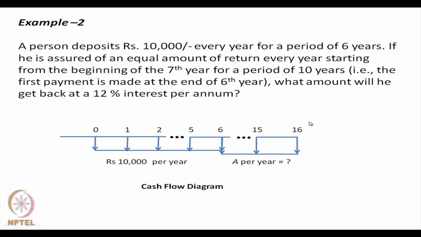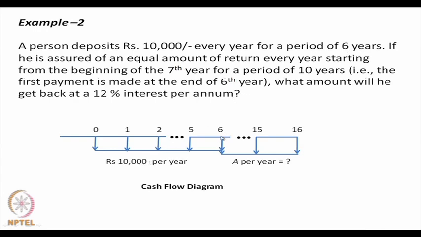Take another example. This is a case of a person who deposits rupees 10,000 every year. He deposits 10,000 rupees every year, and this is assumed to take place at the end of the year, for 6 years.